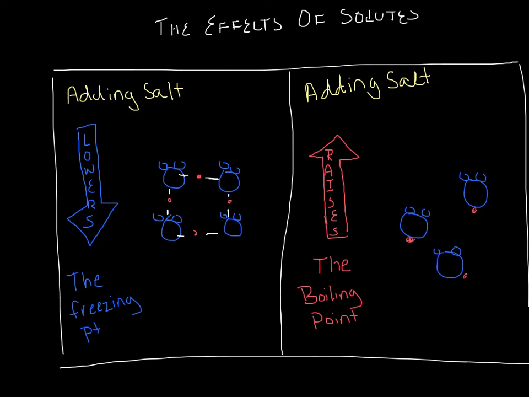Okay, and so the salt particles will cling so much to the water molecules that the water molecules have a hard time evaporating, because when a water molecule evaporates, it leaves all the salt particles behind. It does not evaporate with the salt.